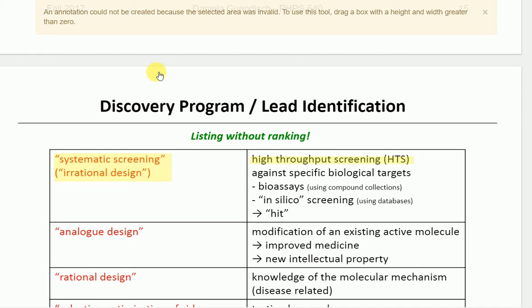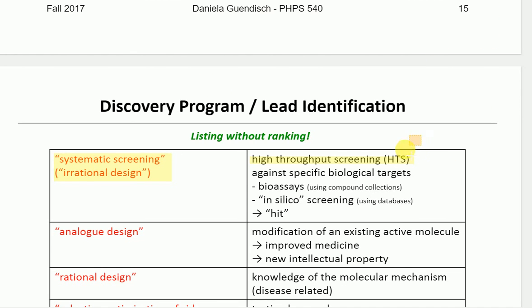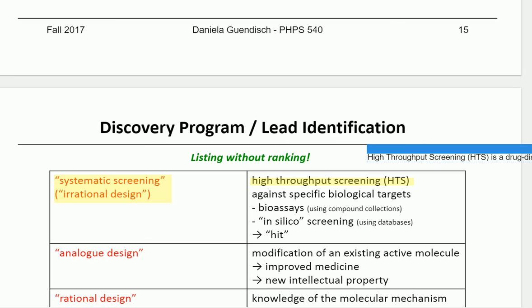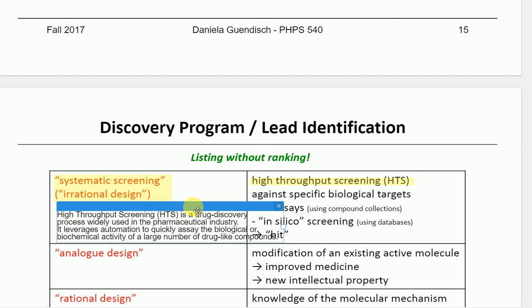Okay, where is it? That is a lot of words. Able to shorten this.